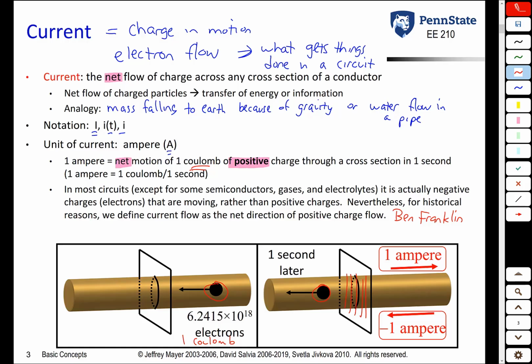So the electron flow was from right to left, but we say that the current flow is from left to right. So we say that we have 1 ampere going from left to right, although technically we have the electrons moving from right to left.